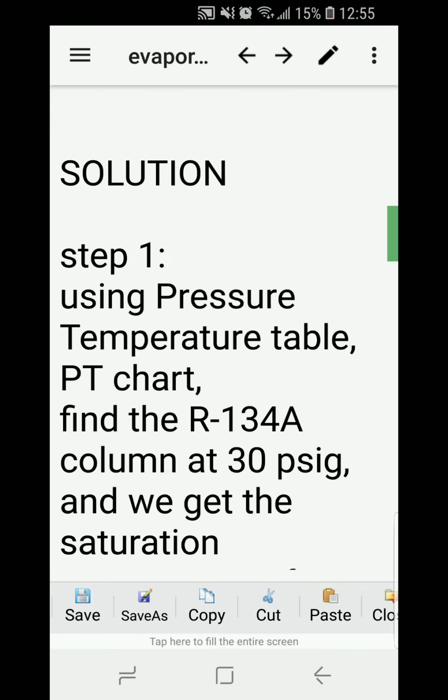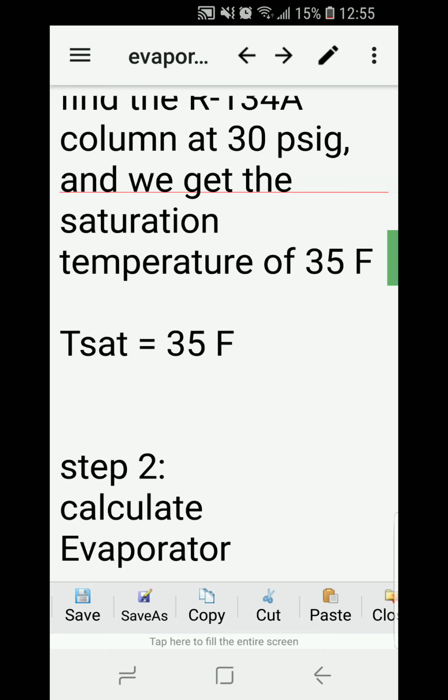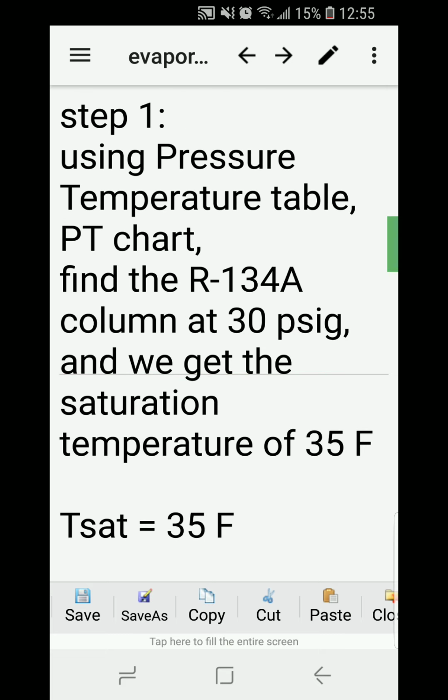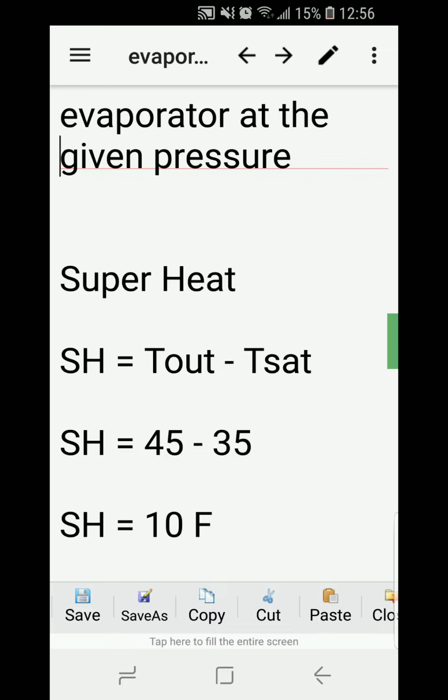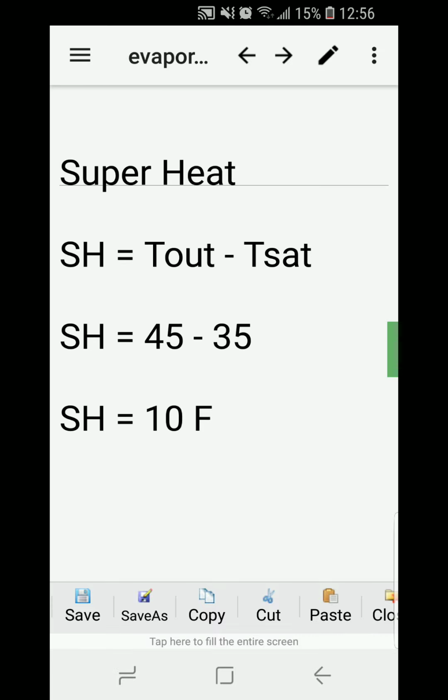And we now know the saturation temperature, 35 Fahrenheit, at the given suction pressure of 30 psig. So we substitute those values and calculate: SH is equal to T out minus Tsat. SH is equal to 45 minus 35.